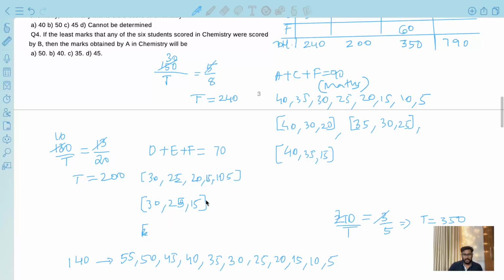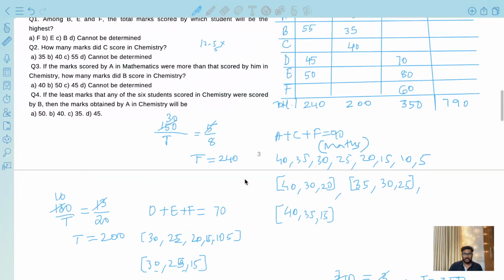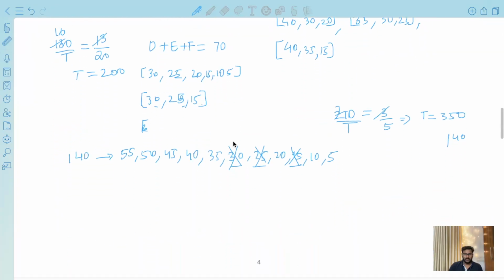Okay, 30, 25, and 15, we can't use. Then 55, 35, 40, 45.